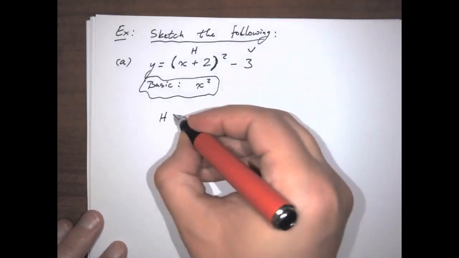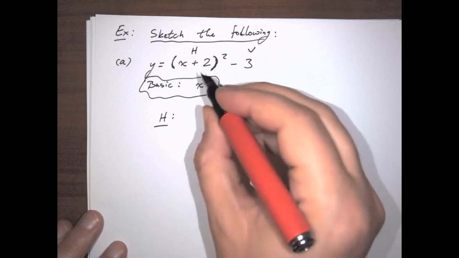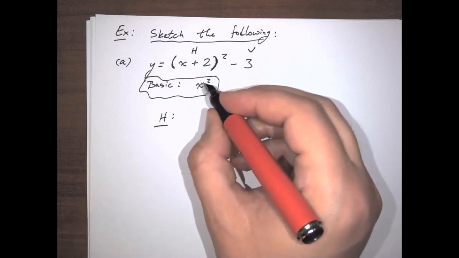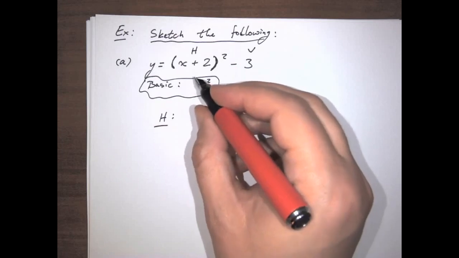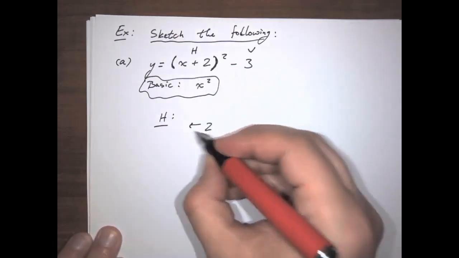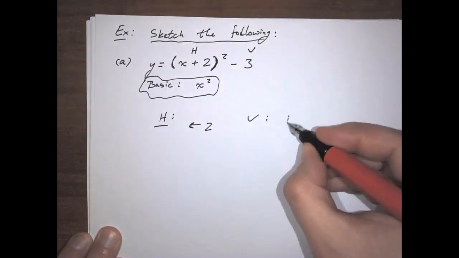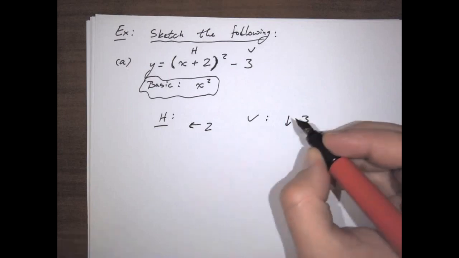So horizontally speaking, x has become x plus 2, which means that what we have is a head start of 2 units for the graph, which means the graph is going to be going to the left 2 units. Vertically speaking, what we've got is a shift down 3 units.